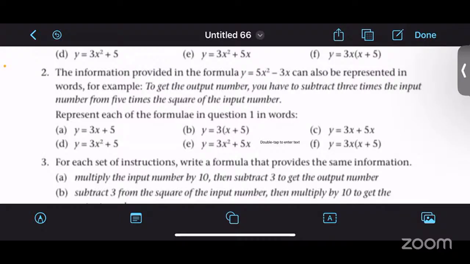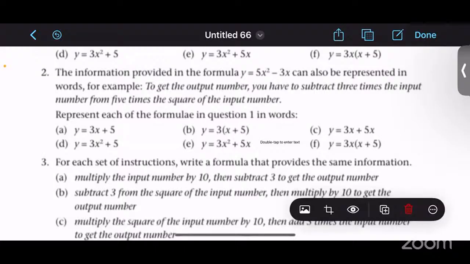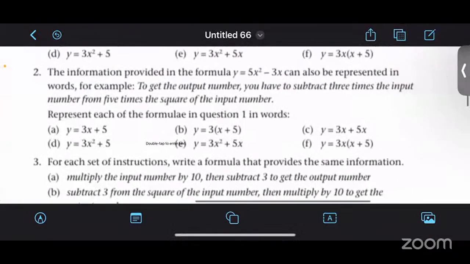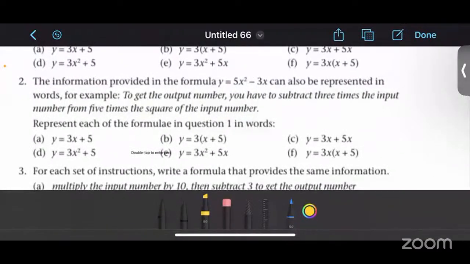They said to get the output number, which is this one over here, I said the output is y. So to get y, the output number, you have to do what? You have to subtract 3 times the input.